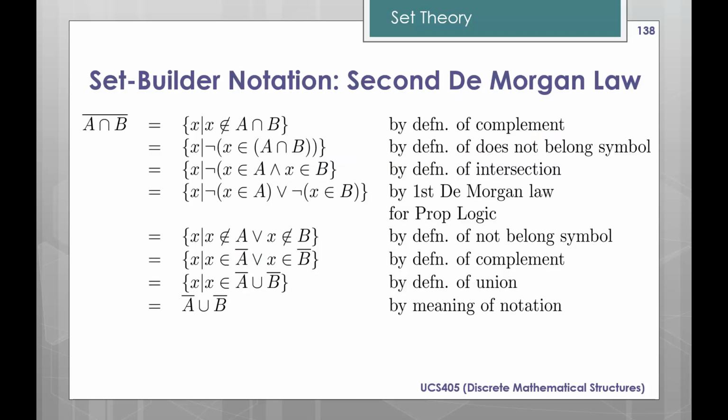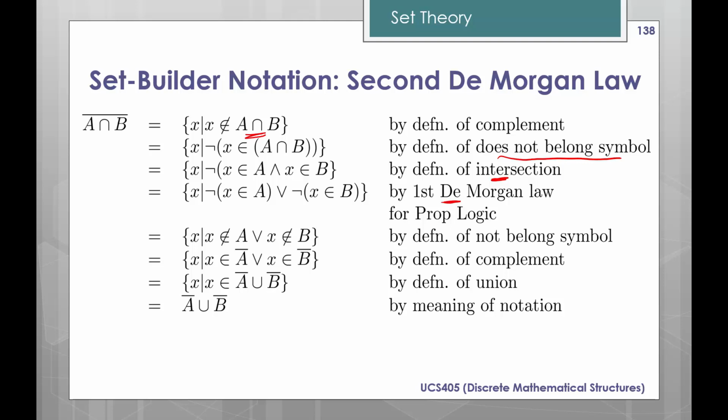Now the second way, that is set builder notation. By the definition of complement, (A intersection B) bar is the set of X such that X does not belong to A intersection B. By the definition of the does-not-belong-to symbol, the negation comes up front: negation of X belongs to A intersection B. By the definition of intersection, negation of (X belongs to A and X belongs to B).